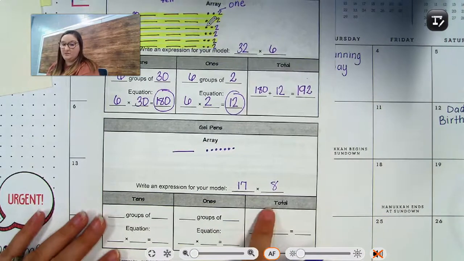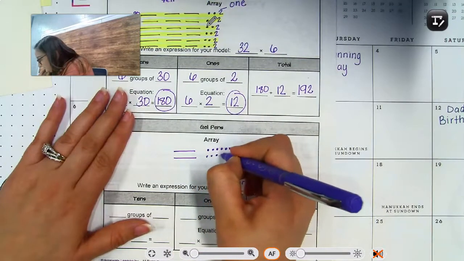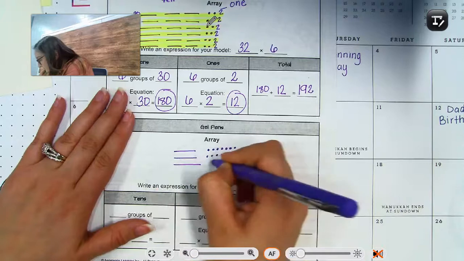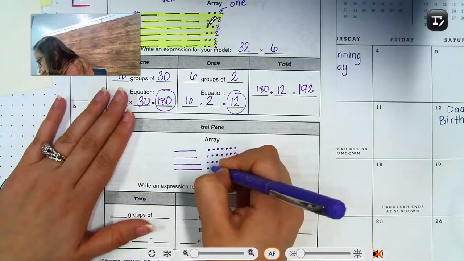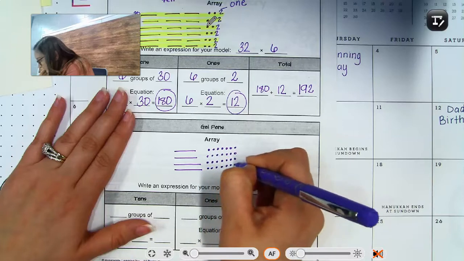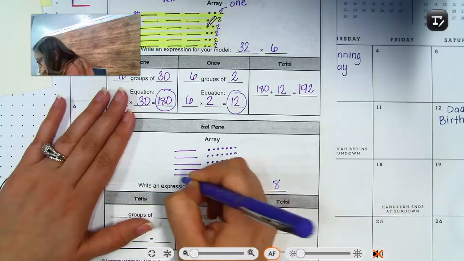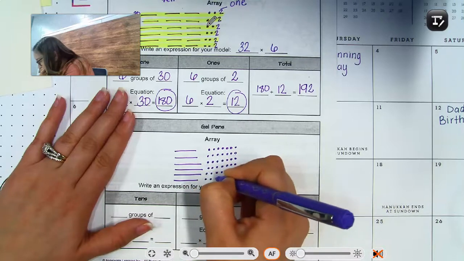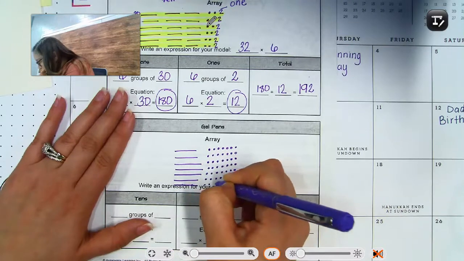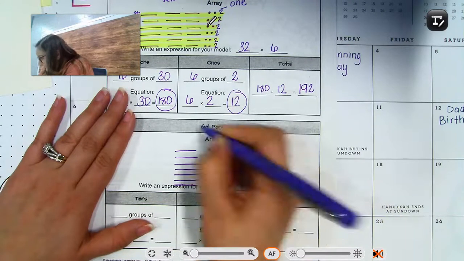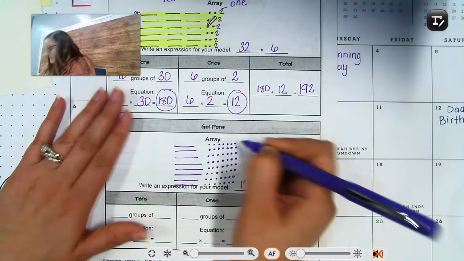Okay, so I need 8 groups. So 1, 2, 3, 4, 5, 6, 7, 8.